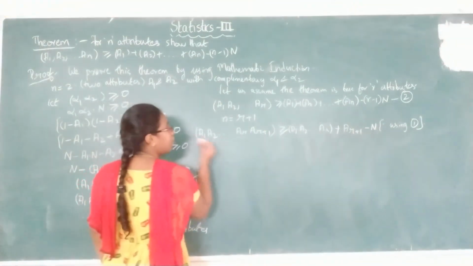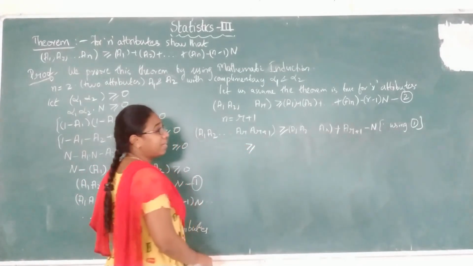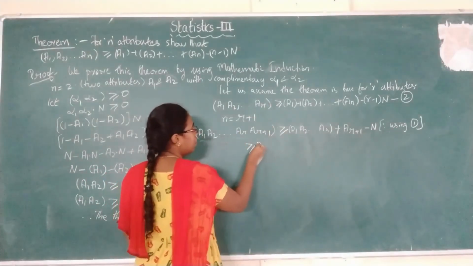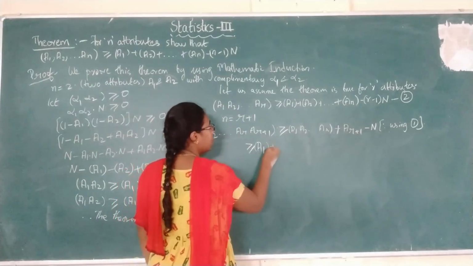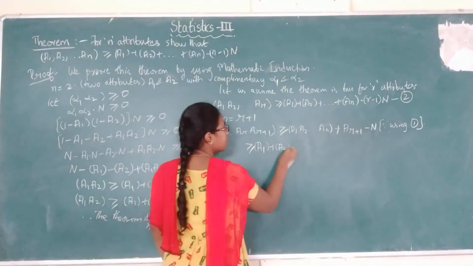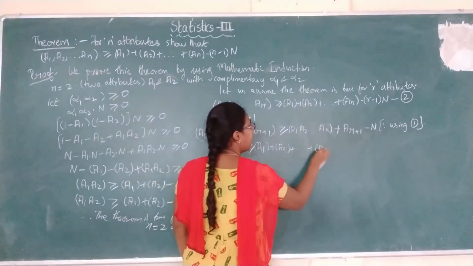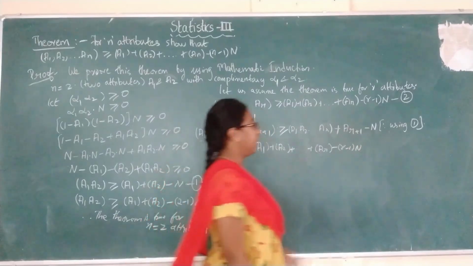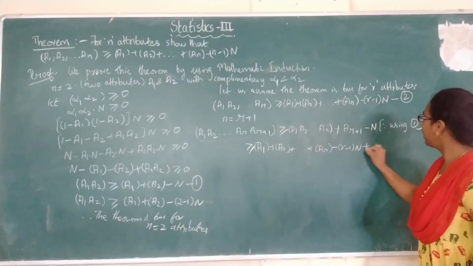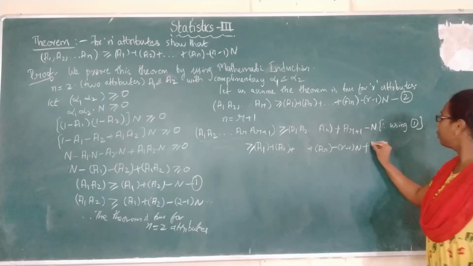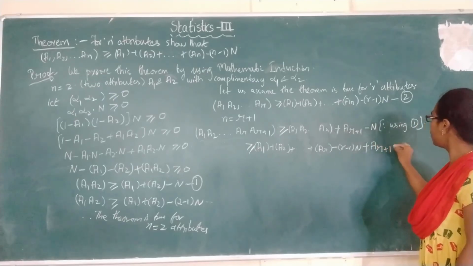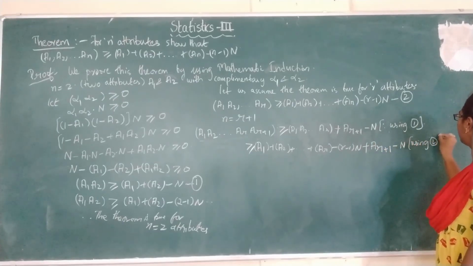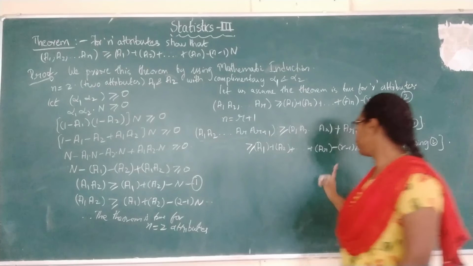So by using equation 2, this value is greater than or equal to a1 plus a2 plus so on plus ar minus (r minus 1) into capital N. Up to here we have substituted. Next, plus the ar plus 1 value as it is, so ar plus 1 minus capital N. If you use equation 2, we get these terms.